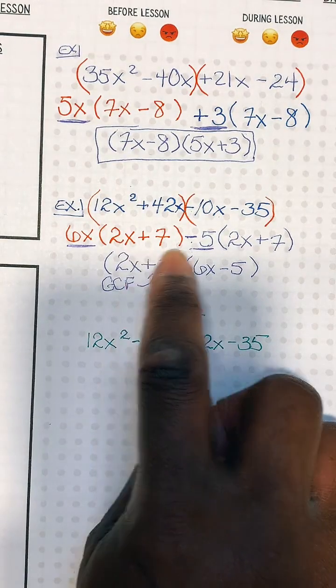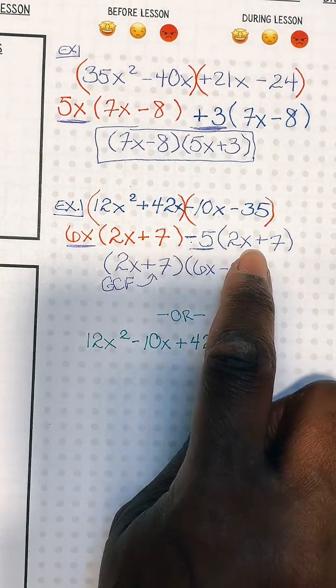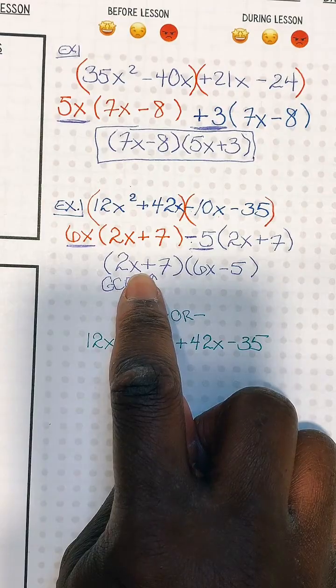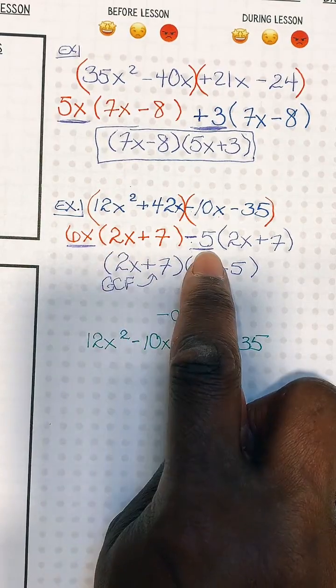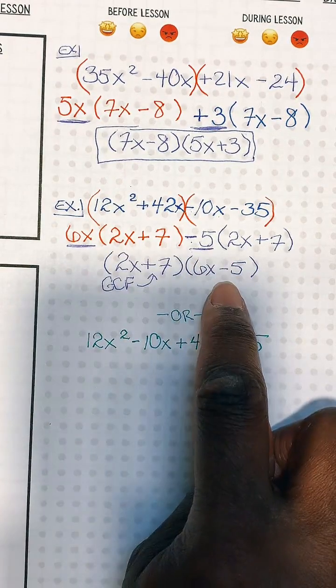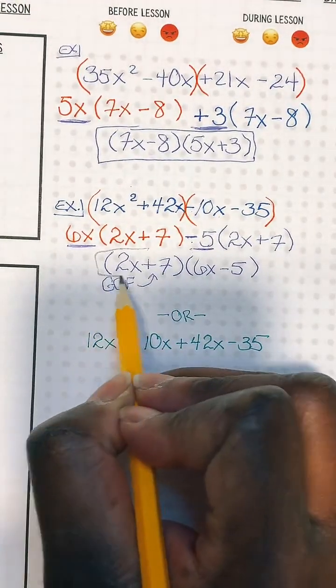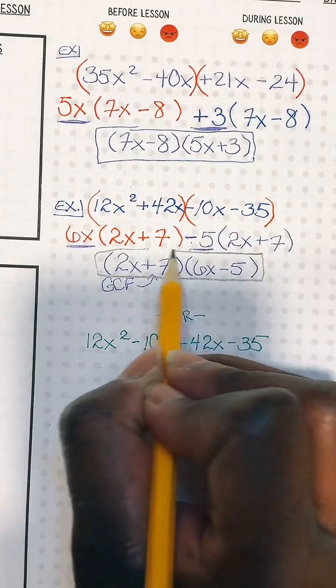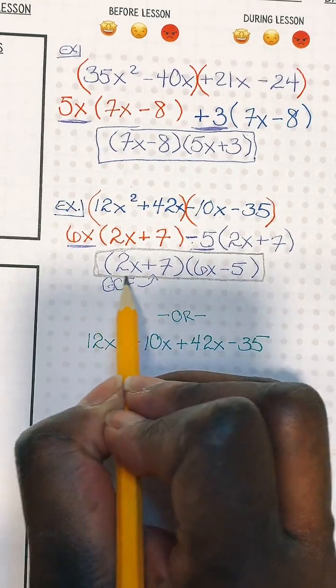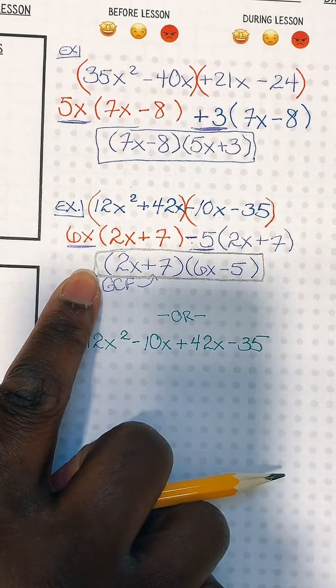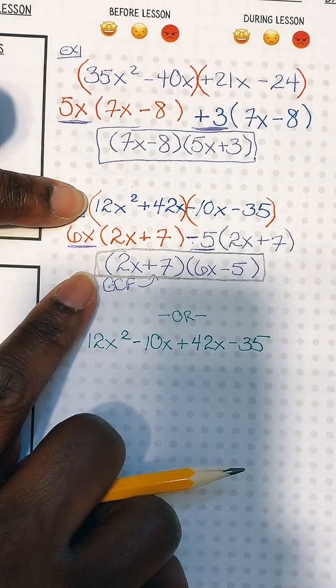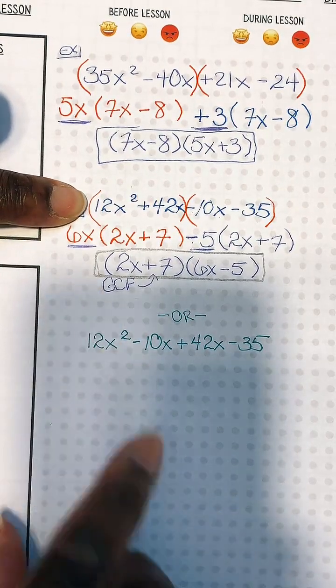So, since both of the parentheses are the same, that's my GCF. And then what remains outside the parenthesis, that's my other. And this is going to be my final answer. So these are the two products, completely factored, that represents my original form.